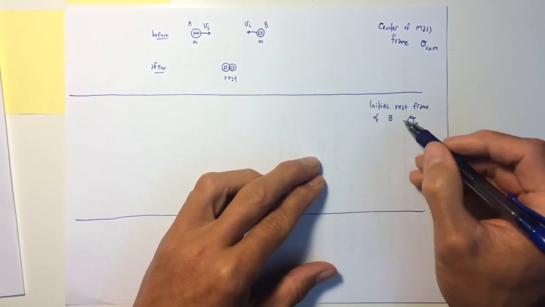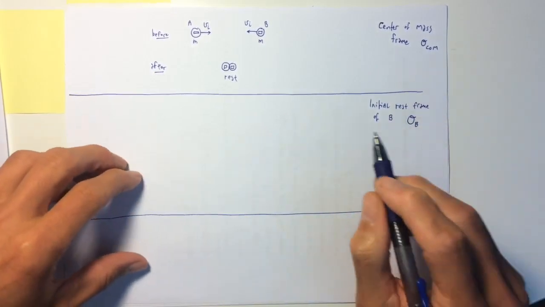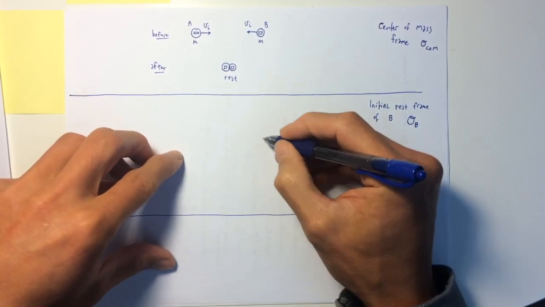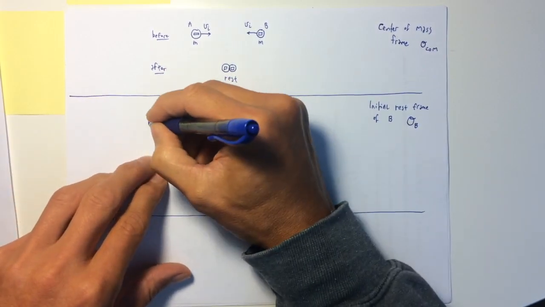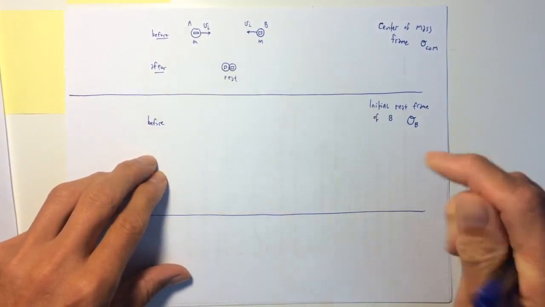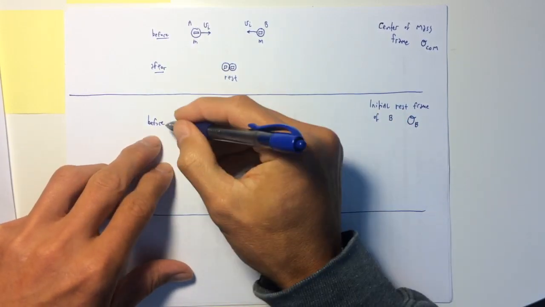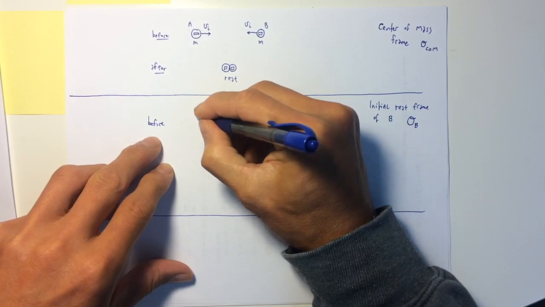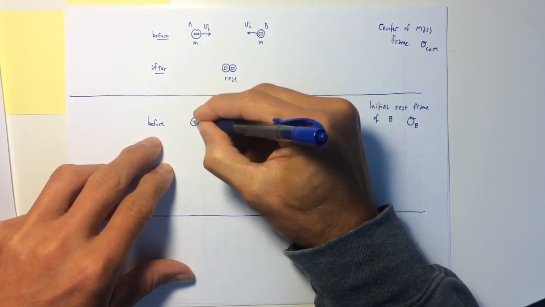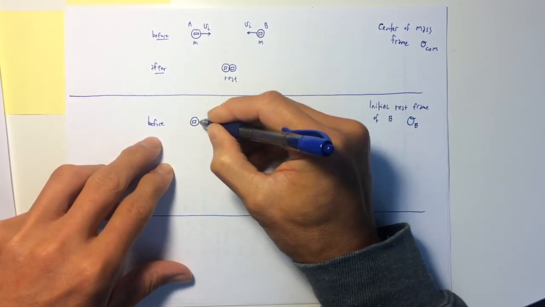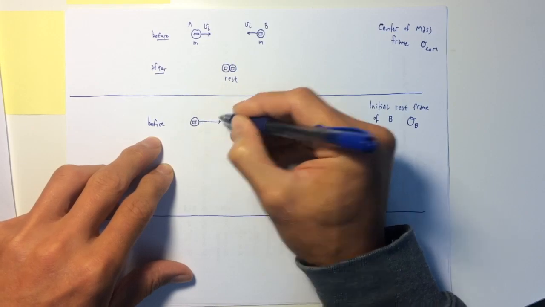But it's the initial rest frame of B. So what's that look like? So what it's got to look like is before the collision, so that's the initial situation, or yeah, before the collision happens, the object A is coming in really fast.